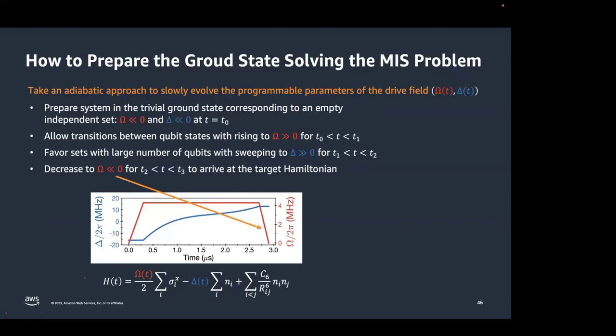For example, if you're looking at MIS and you want to find the partition such that some of the vertices are in state 0 and the other vertices correspond to state 1, then you read the state of all the qubits, and that gives you a sample similar to what we looked at for the max-cut problem, right?